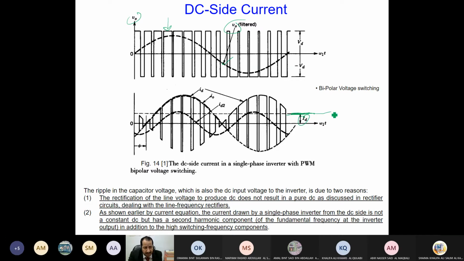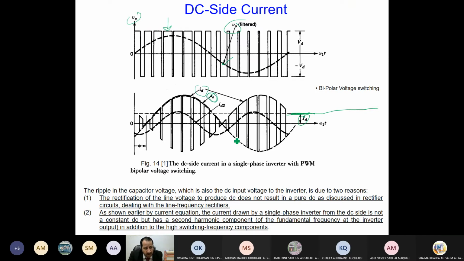Okay, this line. Okay, let's continue. If I come to the fundamental, to the ID, sorry, which enters the inverter, I will find that it contains IO.